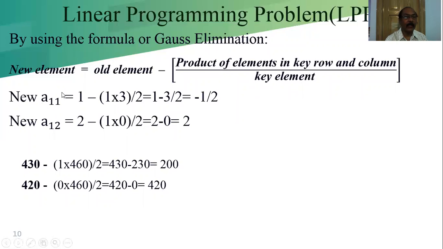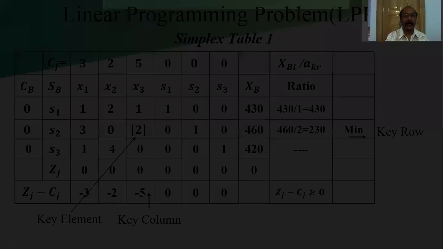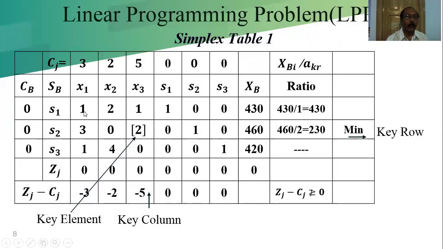So if we see A11, what is A11 that I explained? Back to the table again. See, what will be the calculation for this and what would be the value of this? Automatically we are calculating all the elements divided by 2, so easily we can calculate. Now I am showing a few elements, then with the help of the formula we can calculate.